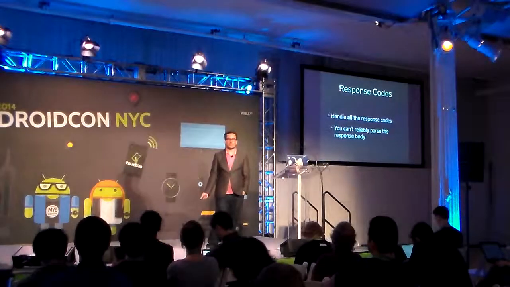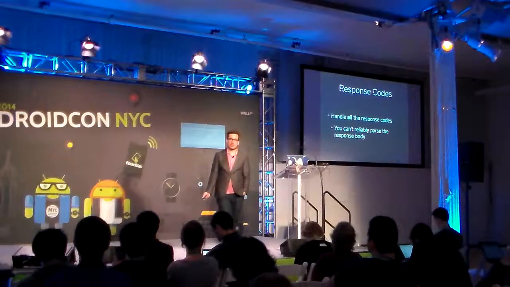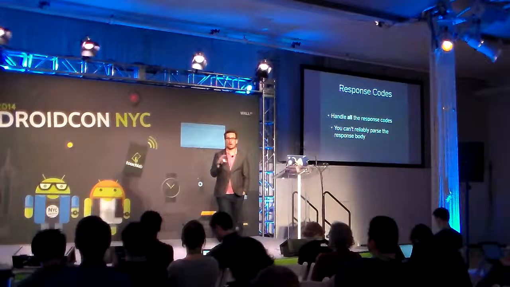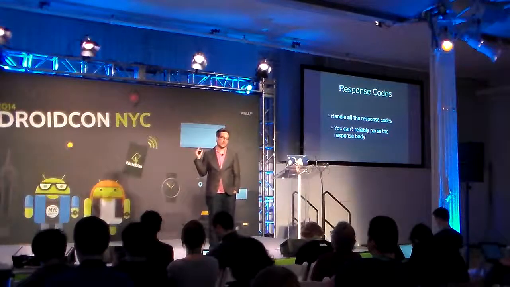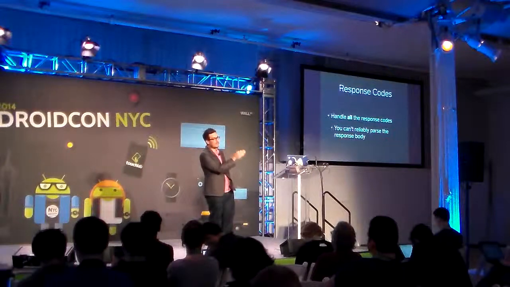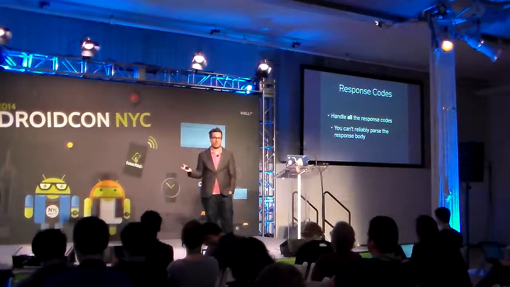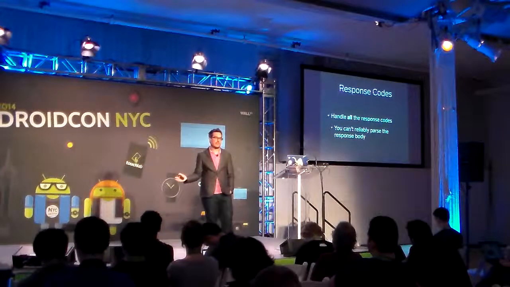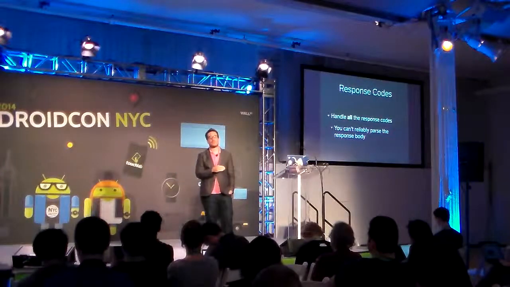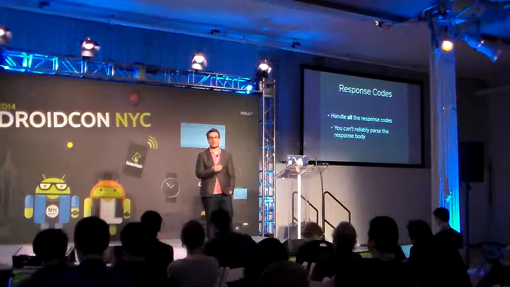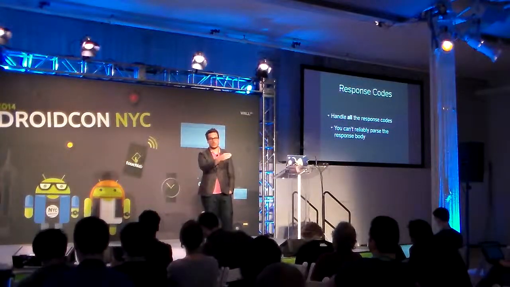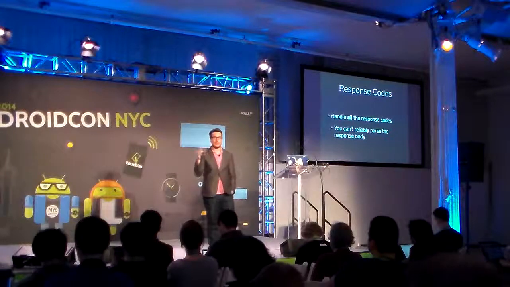Another one with the servers is you have to worry about response codes. You send a request to the server, it sends back 200, you're happy. You have some agreement with your server team that when things succeed, you get 200, when things fail, you get 400. It turns out that you pretty much always have to handle all the response codes, even if your server and your client never speak of those response codes. The reason is that generally there are going to be middle boxes between your device and your service.